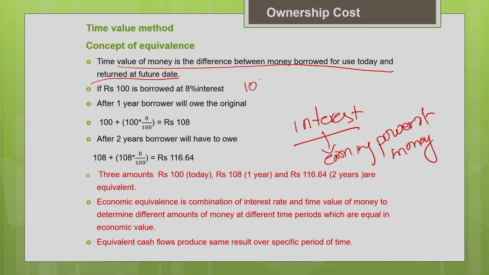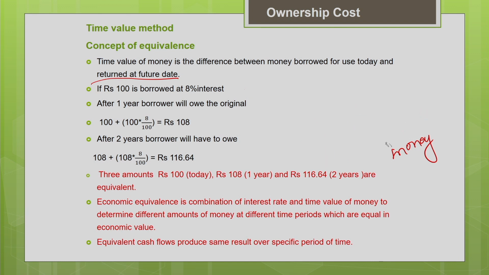When I borrow 100 rupees from the bank compounded at an interest rate of 8%, after 1 year I am supposed to return 100 plus 8 by 100 into the principal amount. This is your interest, so the total money I have to return after 1 year will be rupees 108. Say I am not able to return the money after 1 year and return it after 2 years.